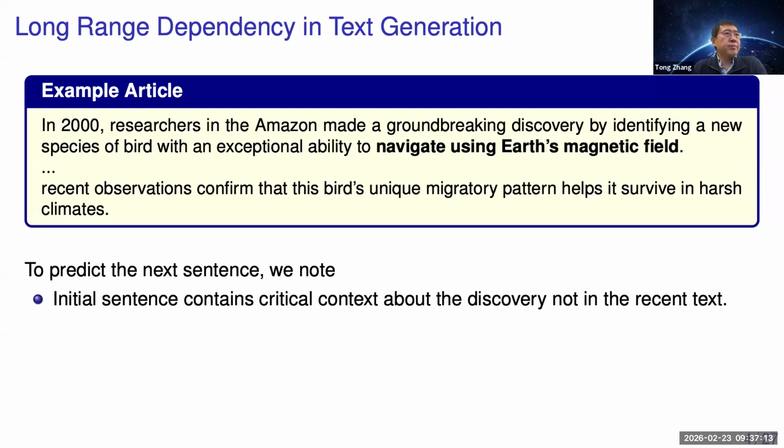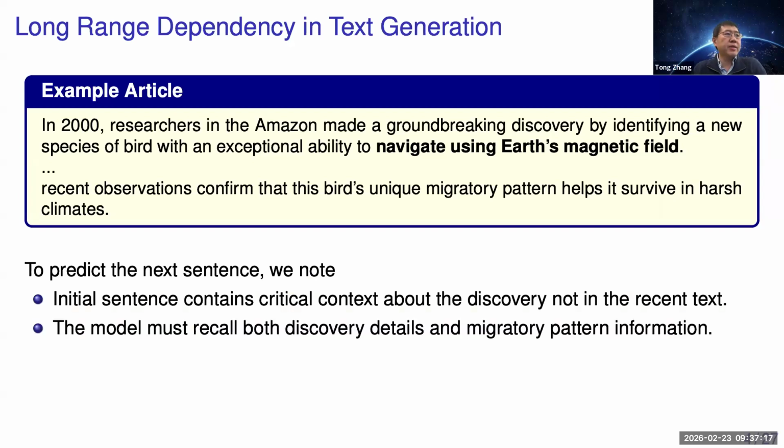The initial sentences get forgotten, and in order to do a better job, the model must recall both the more recent history as well as the beginning of the article.